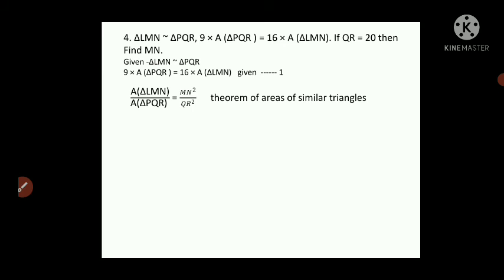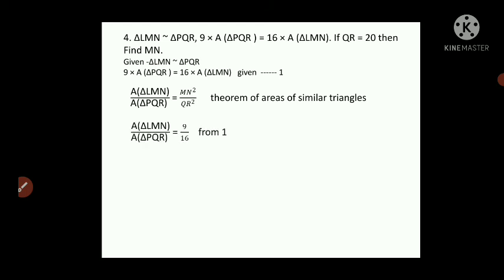It is given in statement number 1, 9 multiplied by area of triangle PQR will be equal to 16 multiplied by area of triangle LMN. So I have taken the triangle from right hand side of statement number 1 in the numerator, and from left hand side area of triangle PQR in the denominator. Now when I am substituting the values, I will substitute the value of left hand side, that is 9, in the numerator, and right hand side 16 in the denominator.